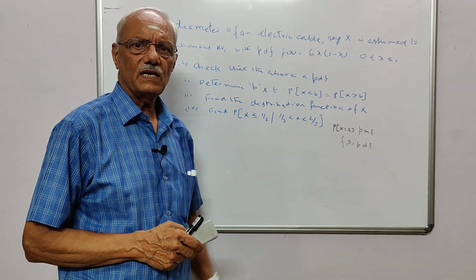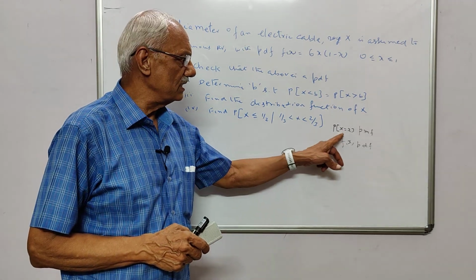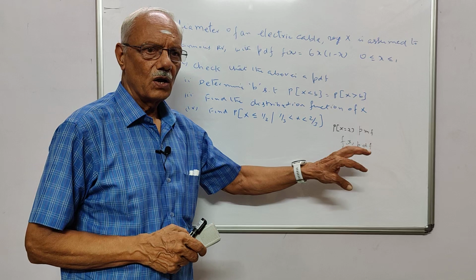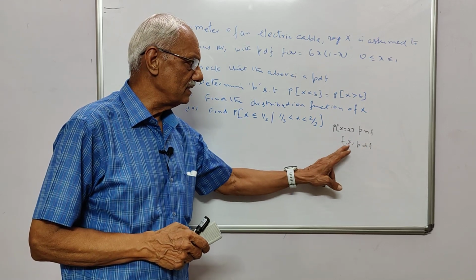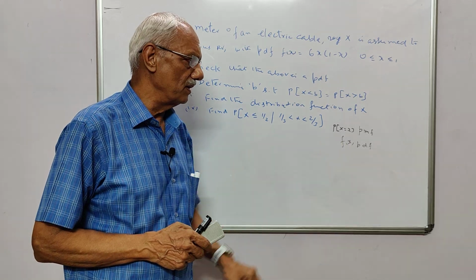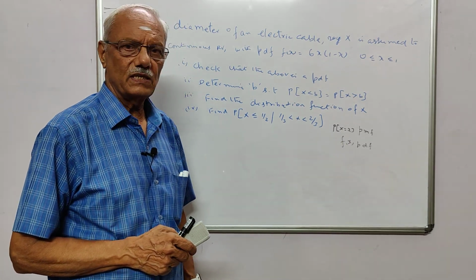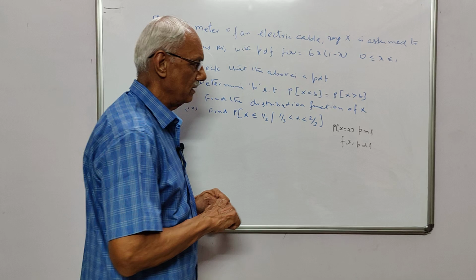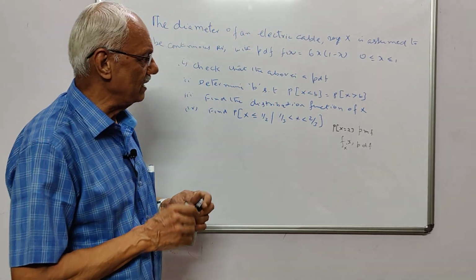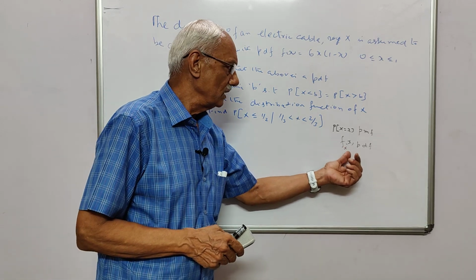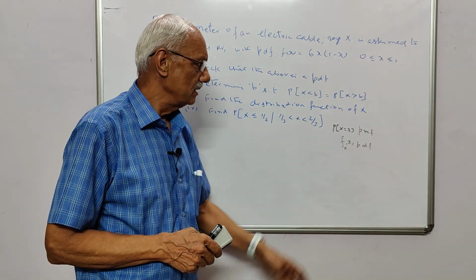Here x is a discrete random variable which takes finite values or countably infinite number of values, and this is your f of x. If you want, I can write it here like this. So x is a random variable and the variable is x.